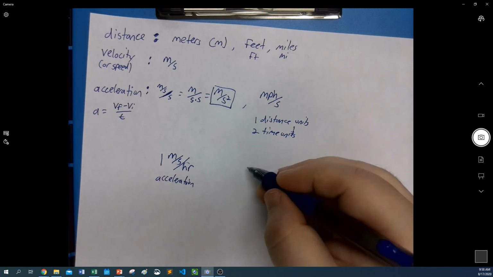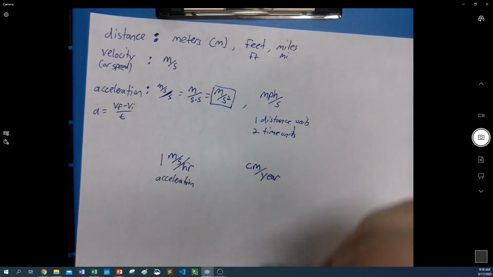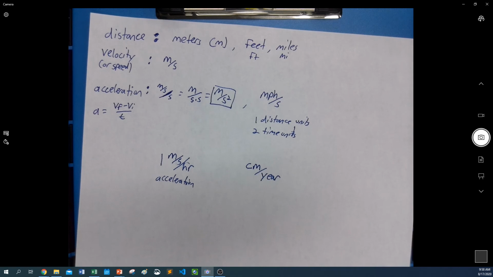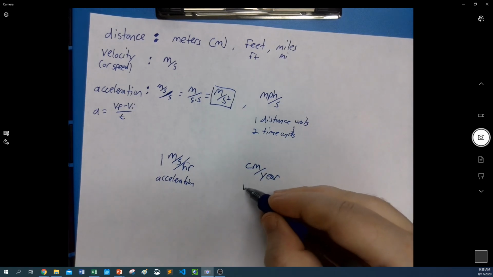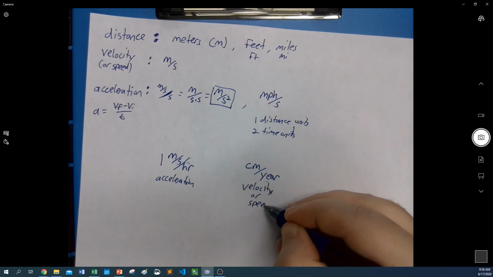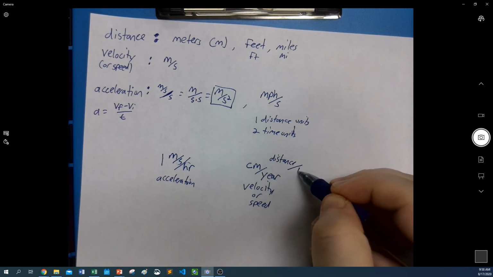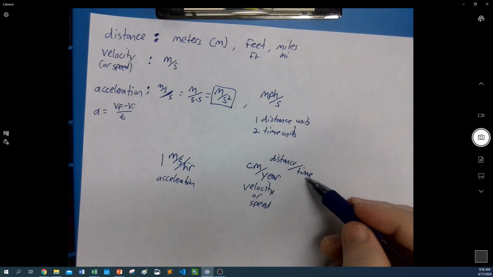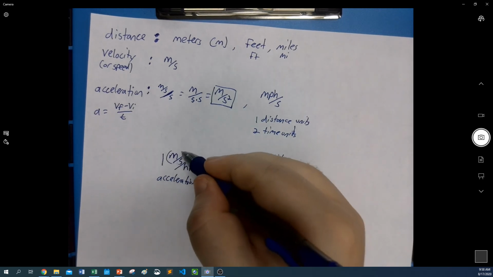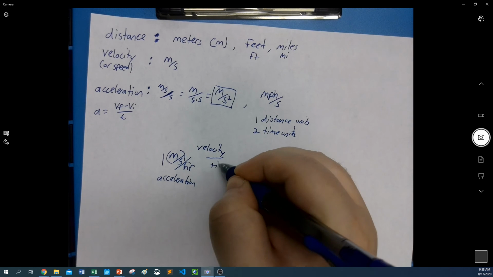But if I say, for example, centimeters per year, is that a distance, a velocity, or acceleration? It'd be a speed or velocity, because we have a distance over a time. Here we have a velocity over a time.